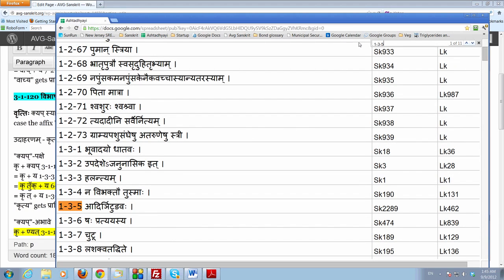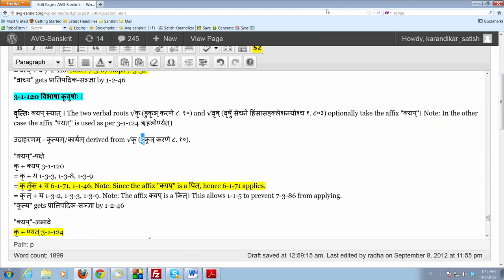So this du gets the it sanya, and then the ending nyakara gets the it sanya by halantyam. Both take lopa by tasya lopaha. And then when we add kyap, in the kyap pakshe, kru plus kyap, anubandha lope halantyam lashakvatadite tasya lopaha. And now we get the tuk agamaha, rasvasya piti kriti tuk.